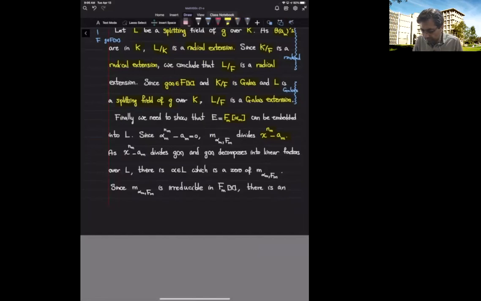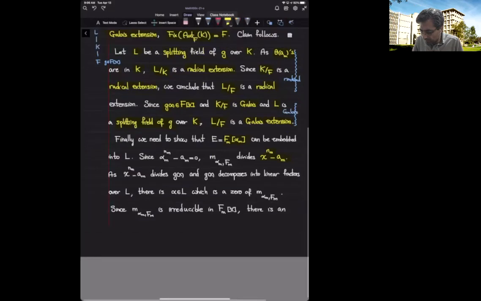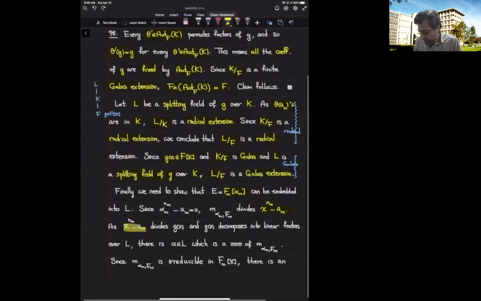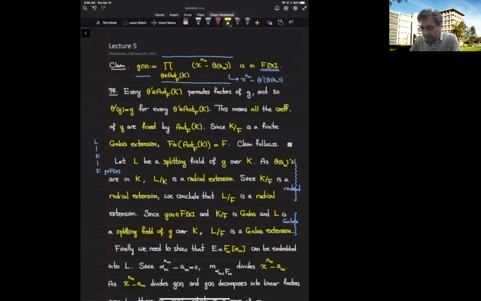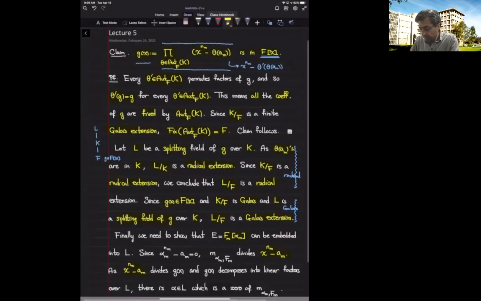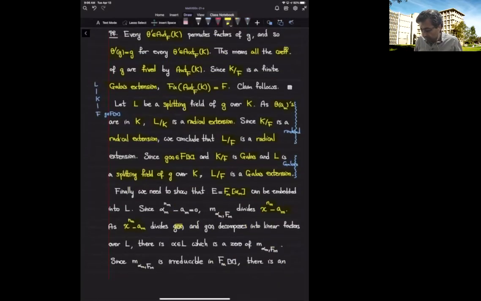Again, why do we have this? Because this is one of the factors of this product. When theta is the identity, I get x to the n sub m minus a sub m. So this is one of the factors of G. And because G decomposes into linear factors over L, so does this binomial.